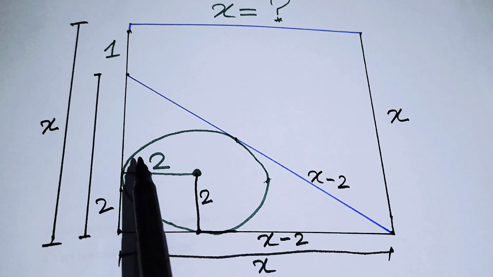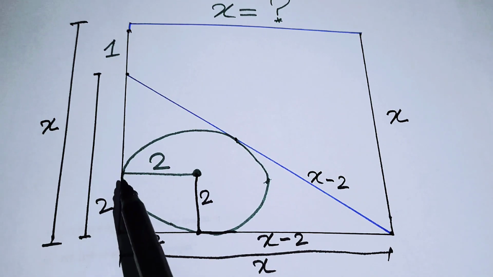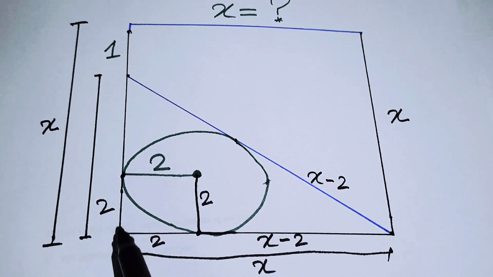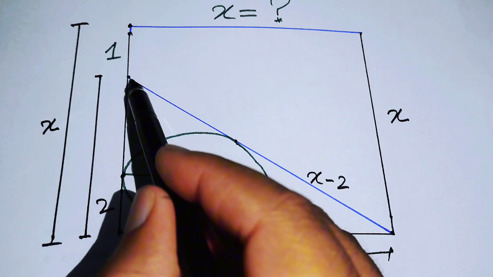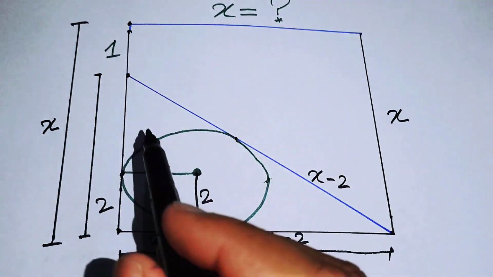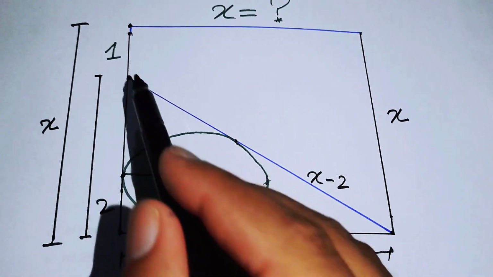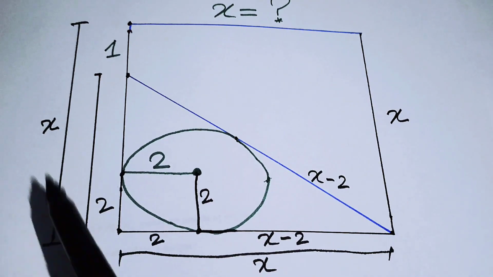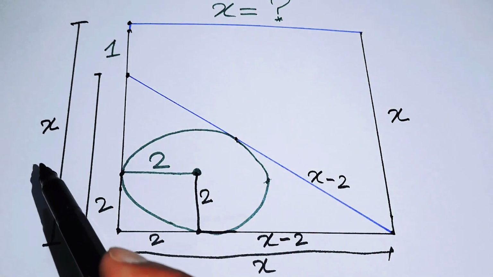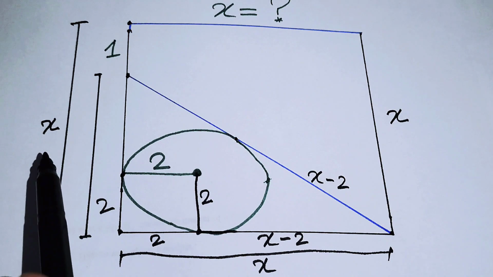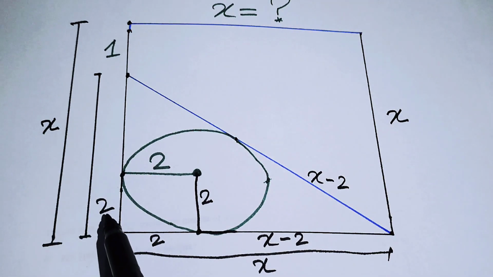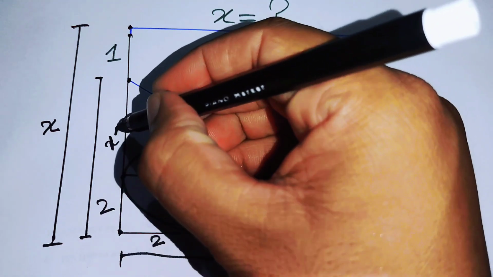Similarly, the whole length of this side of the square is also x, and the length of this line segment is 2 and the length of this line segment is 1. So first we can find the length of this line segment. The total is x, and when we subtract 2 plus 1, which is 3, from the total length, we get the length of this part.